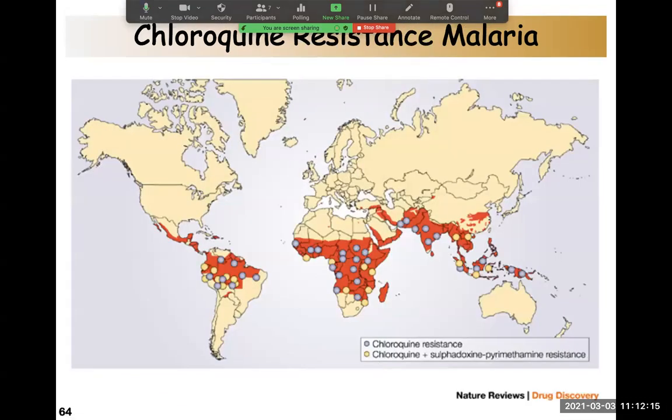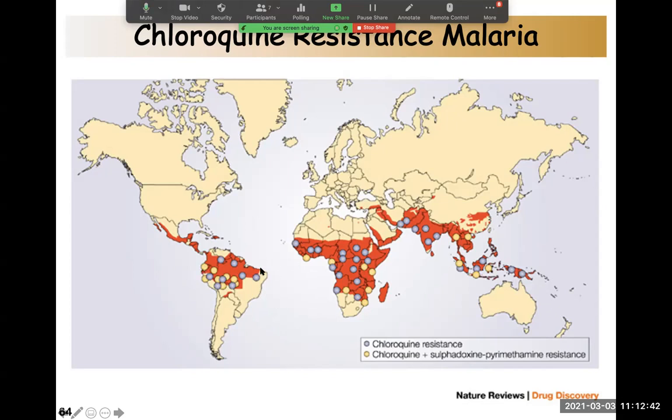And here's a map of chloroquine resistance malaria. As you can see, it's pretty much across the malaria belt. All the countries have chloroquine resistance. And then in some cases, it's a chloroquine and sulfadoxine-pyrimethamine resistance. So you have to know what is circulating, because identifying resistance is not easy for parasites.